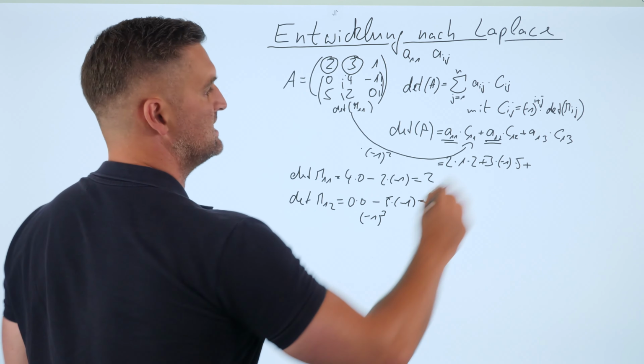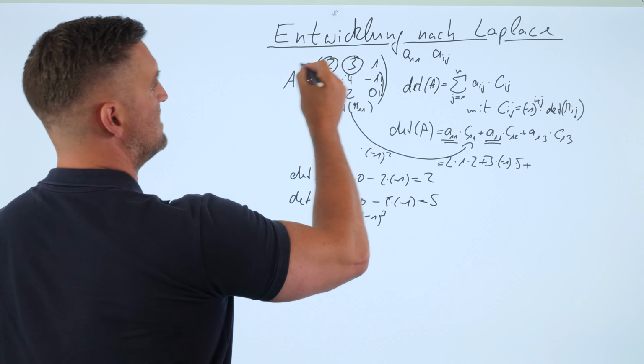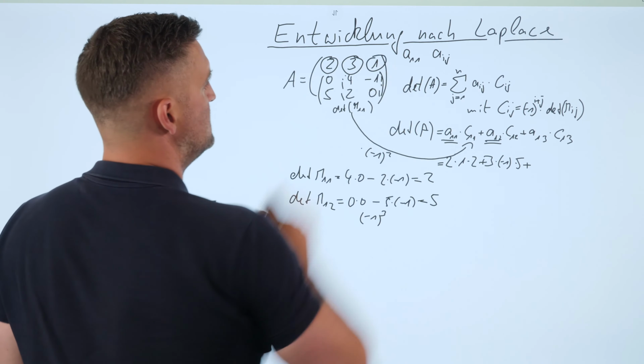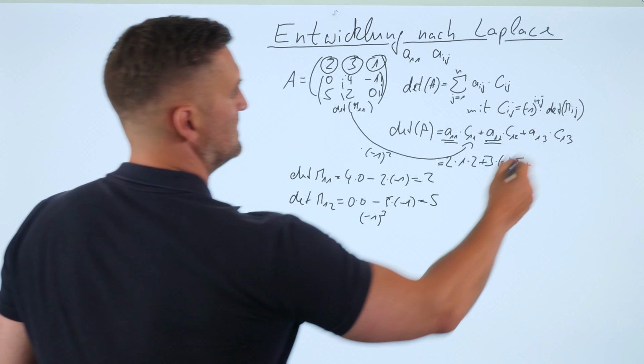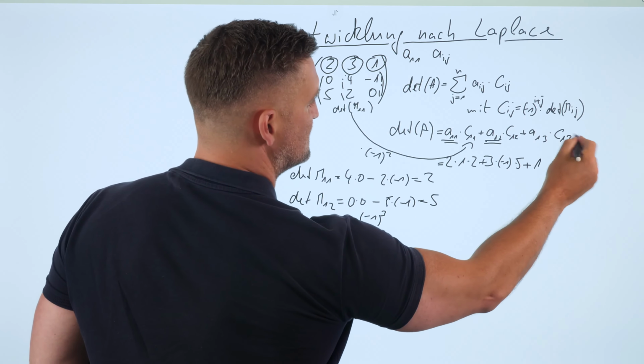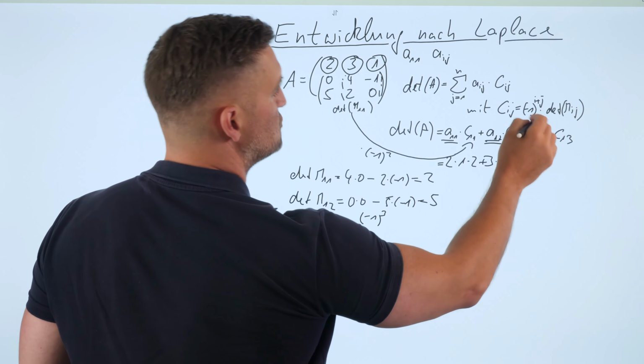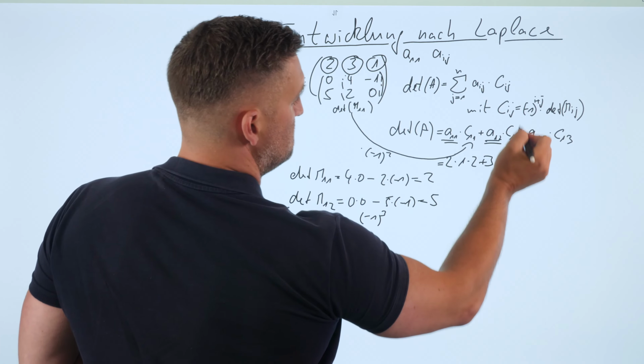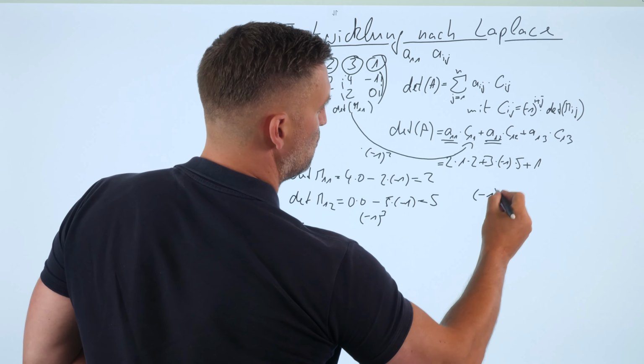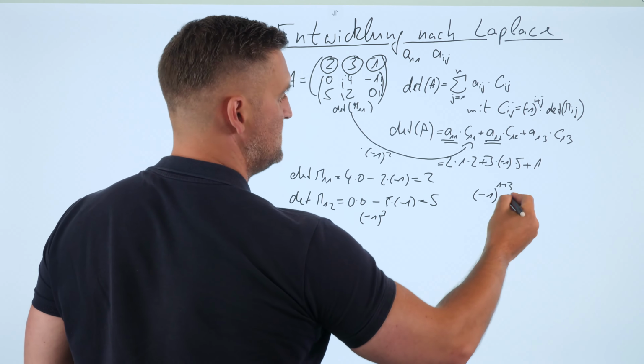Plus, and now the last step, a1,3, which is 1. We can also plug that in directly here. Now c1,3 is composed accordingly from the multiplication: minus 1 to the power of 1 plus 3, which is 4.